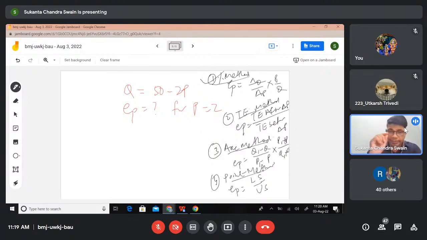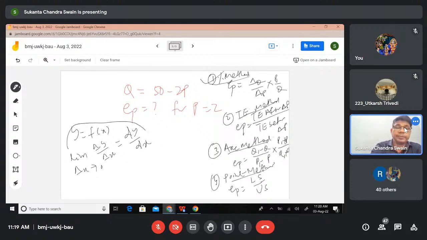We know in mathematics, suppose y is a function of x, then limit del x tends to 0, del y by del x is equal to what? dy by dx. We know this or not? Differentiation. If y is a function of x, limit del x tends to 0, del y by del x is equal to dy by dx.